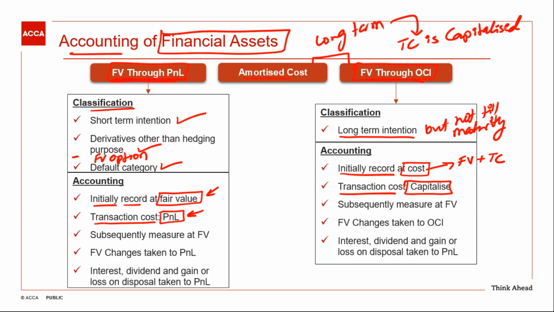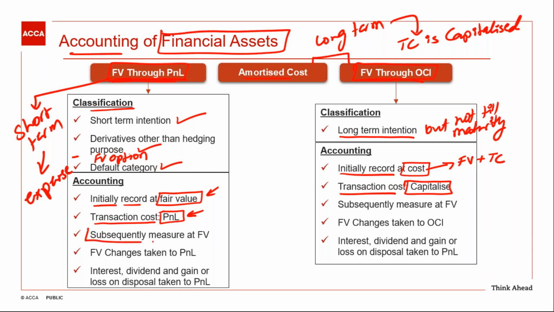So it is a capital expense. But in all short-term categories, we record the transaction cost as an expense because most probably we are not going to receive the economic benefit for multiple years. So based on this, we decide whether to capitalize or to expense the transaction cost.